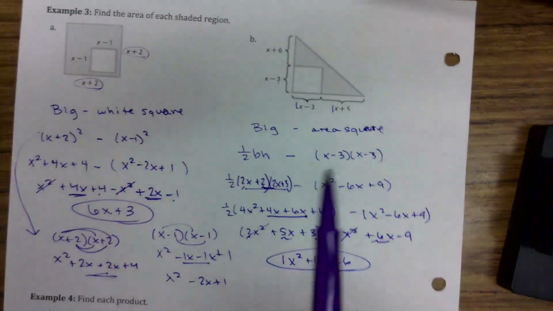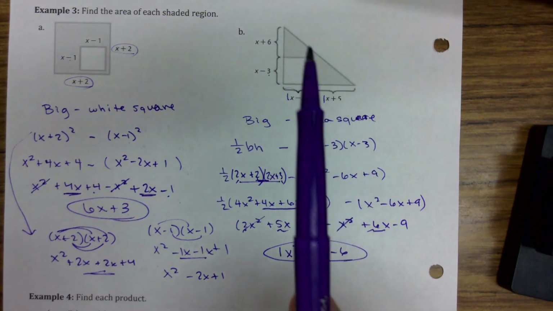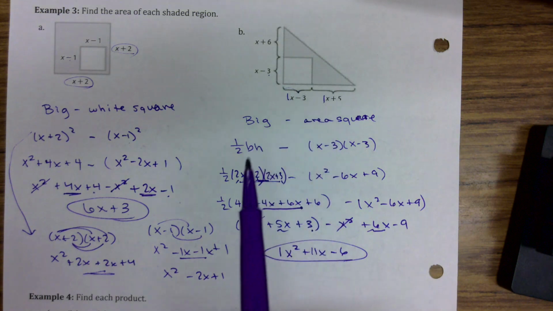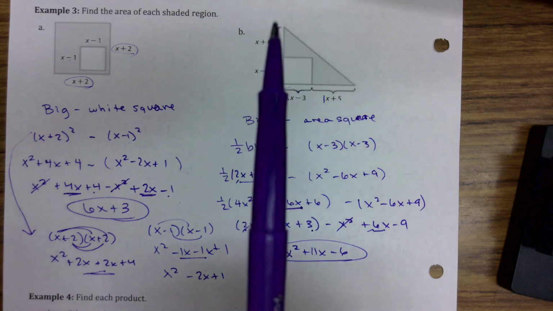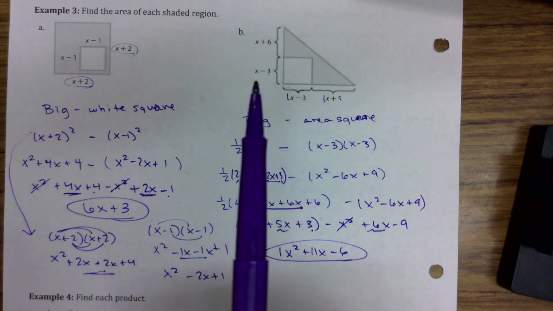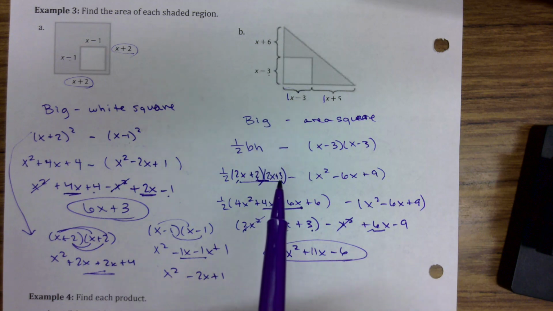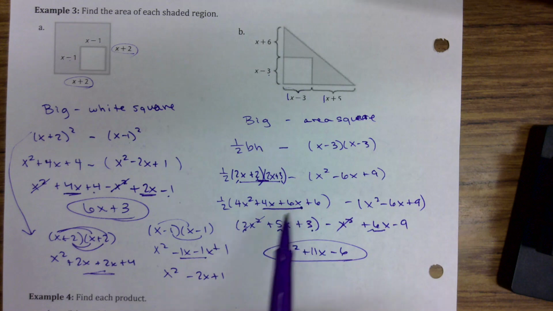Okay, once again, we wanted to find the area of the shaded region. So you find the area of the entire triangle, which is 1/2 base, 1x, 2x. And that 2 comes from a negative 3 and a 5. Here, the height is a 1x, a 2x, a 3, a negative 3, which is a 3. We have to FOIL and then cut everything in half.